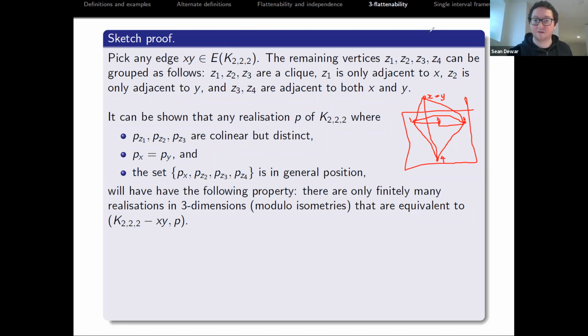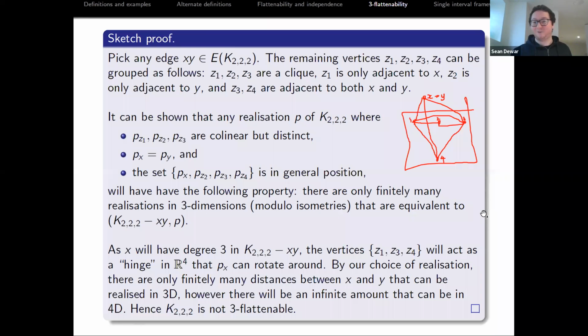Okay, so because this is rigid, we know that there's only going to be finitely many realizations in 3 dimensions that are equivalent to it. Okay. Now we have to go into 4 dimensions, and this is why I wanted to give a sketch of the proof and not really go into it too much.